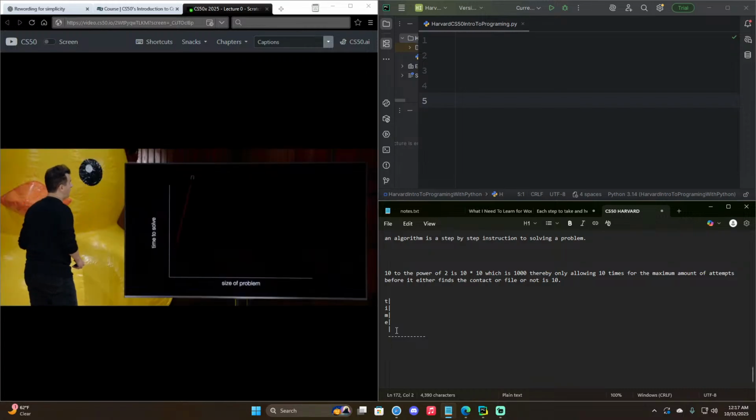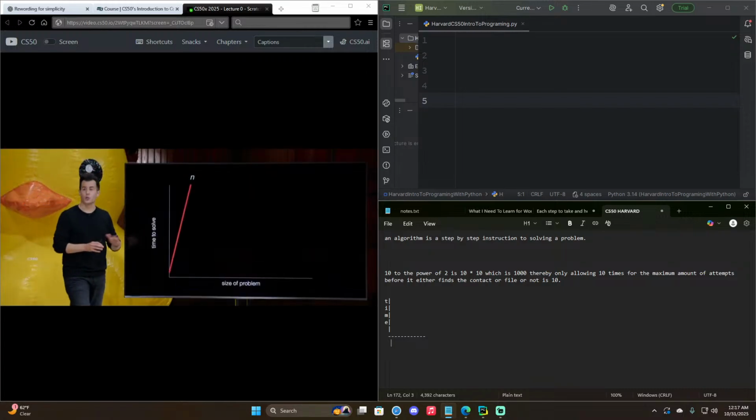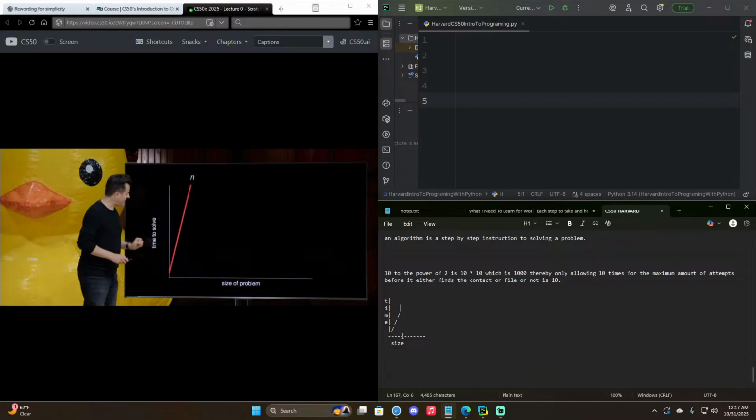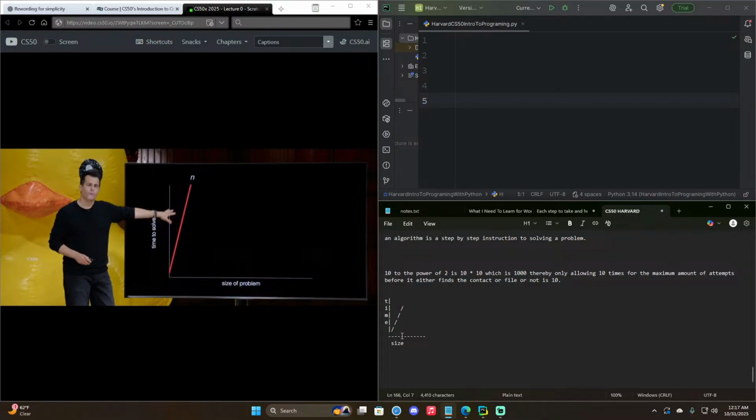Well, the first one is essentially a straight line, a slope of 1. If the phone book has n pages in it, we'll describe the slope here as essentially 1/1 for the first algorithm, turning page by page by page, which is to say, if we were to add one more page to the phone book next year, the first algorithm is going to take one more step.